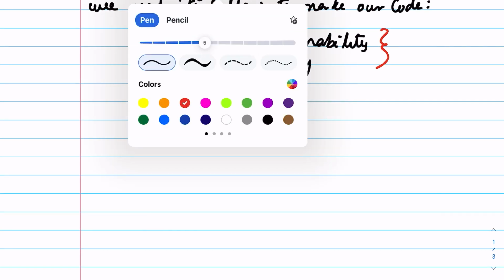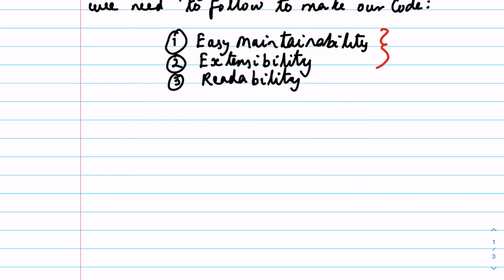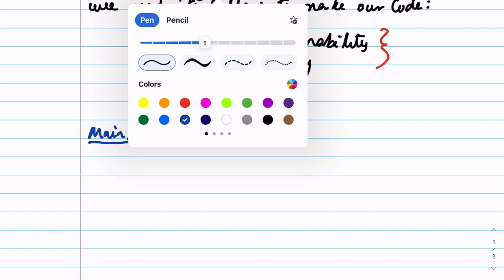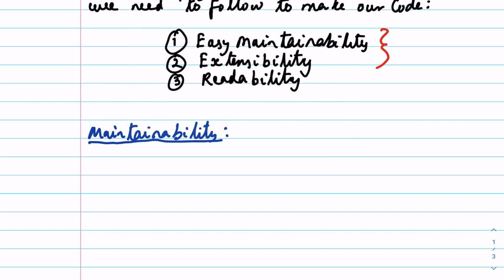So let's see what we mean by maintainability. Maintainability means to keep our code in a working condition.